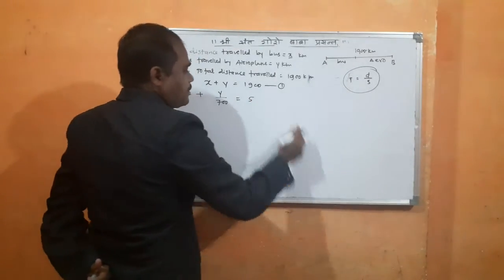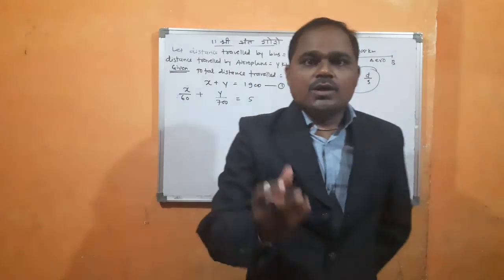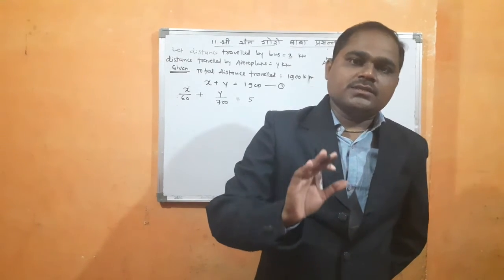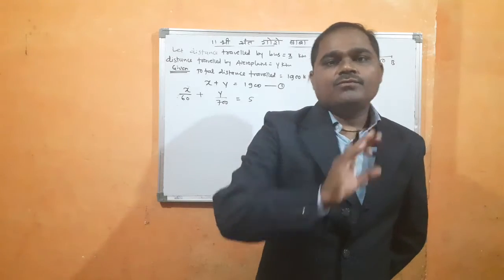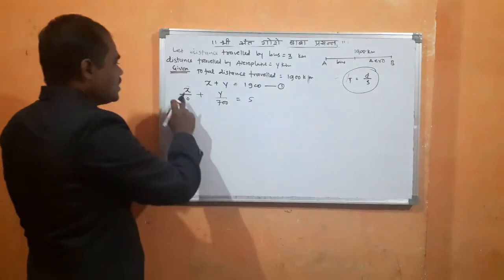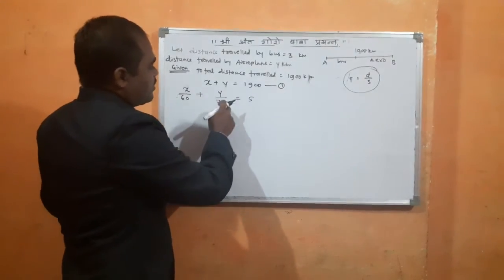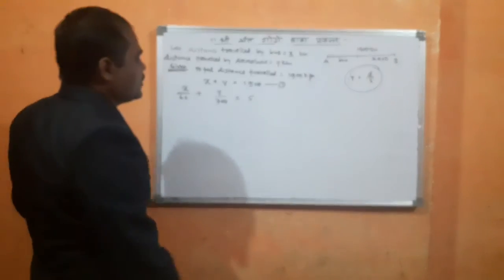That means total time to cover 1900 kilometer distance, or the total journey time of Vishal. Okay, so x by 60 plus y by 700 is equal to 5.